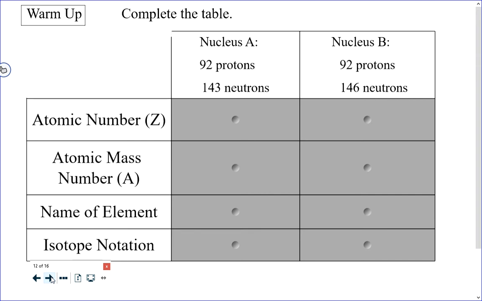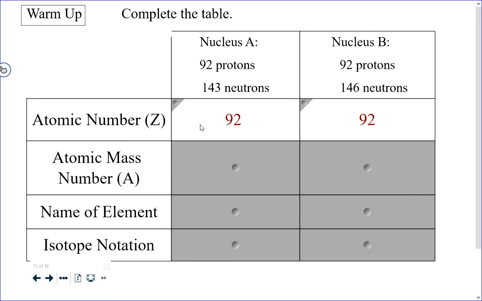Nucleus A has 92 protons and 143 neutrons. Since there are 92 protons, the atomic number is 92. Nucleus B also will have an atomic number of 92 because nucleus B has 92 protons. Now, what is the atomic mass number?